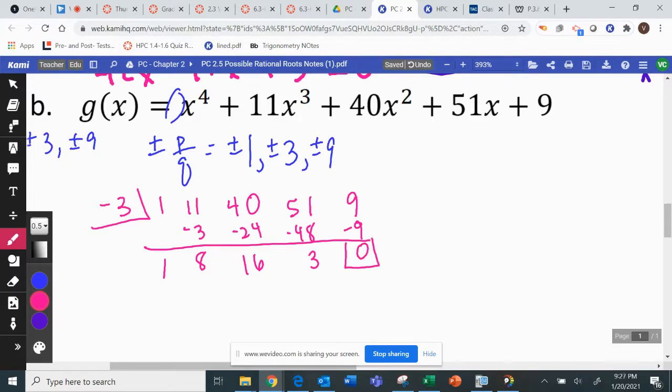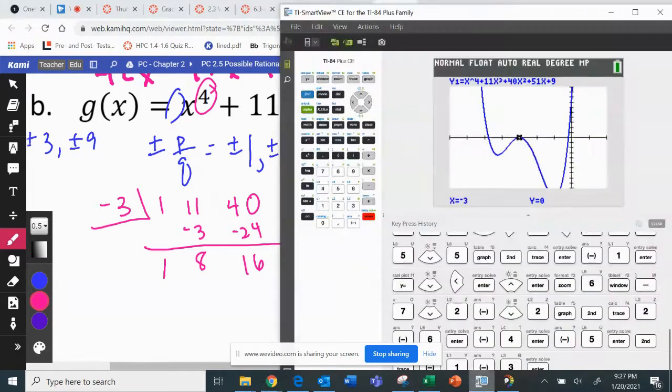That takes our degree of 4 down to this one here now has a degree of 3. And because it's not a degree of 2, that means I should be able to find another 0 from this picture.